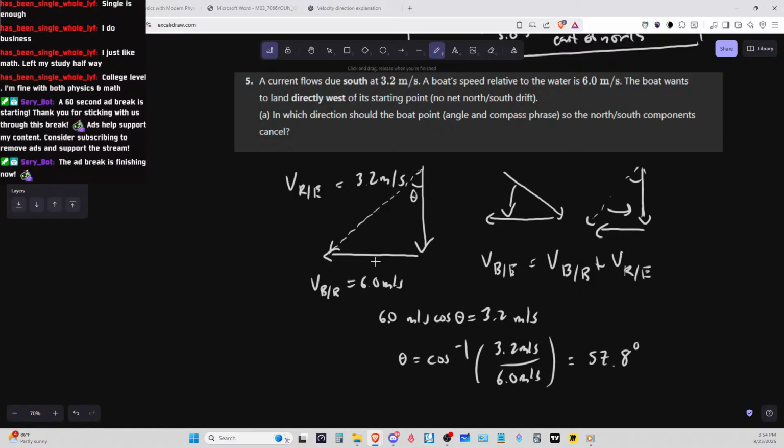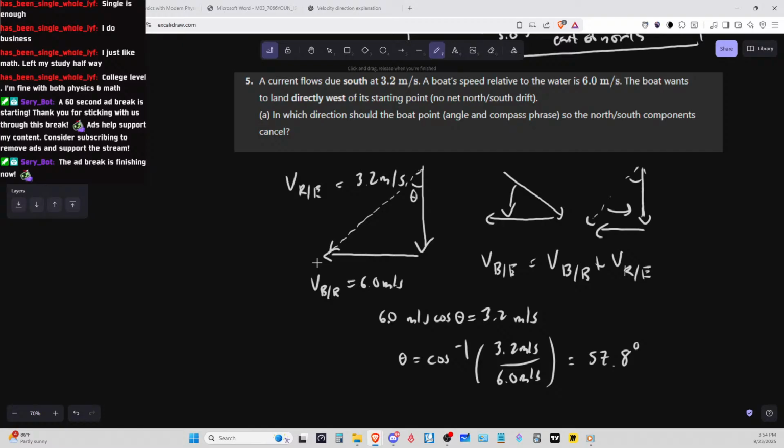Because the boat is going west, and the flow is going south, in order to prevent the river flow from disturbing the straight speed of the boat, we do have to travel at an angle. Since it's going south, we probably have to go north, so probably northwest. So probably west of north?